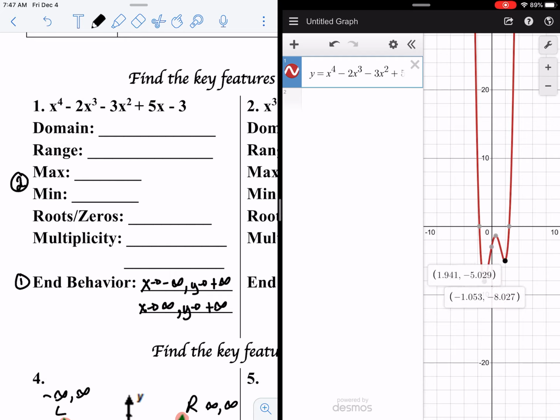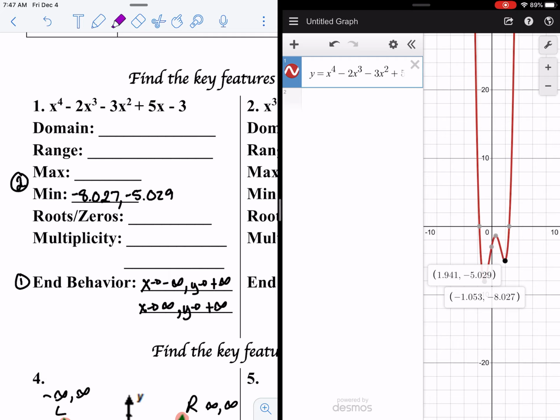So I have negative 8.027 and negative 5.029.